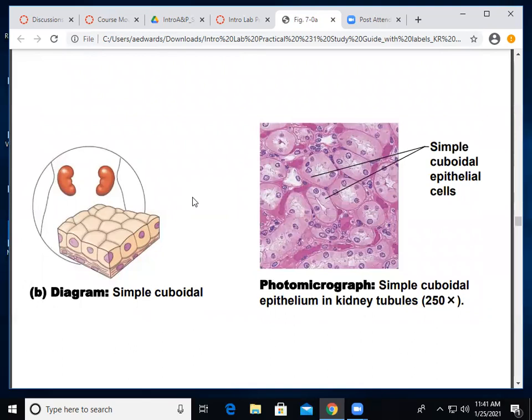This example here is kidney tubules. And how do you know it's simple cuboidal? Each of these is one layer. And what shape are the cells? They are cube shaped, like little cubes in there. So simple cuboidal.